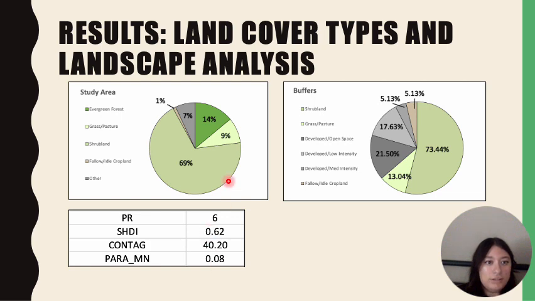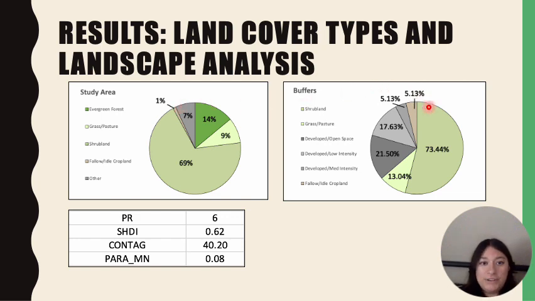For these charts over here, we have the entire study area. The entire study area had 134 land cover types, with shrubland being the highest percentage at 69%, evergreen forest at 14%, grassland and pasture at 9%, 1% was fallow or idle cropland, and then this other 7% was all other land cover types.